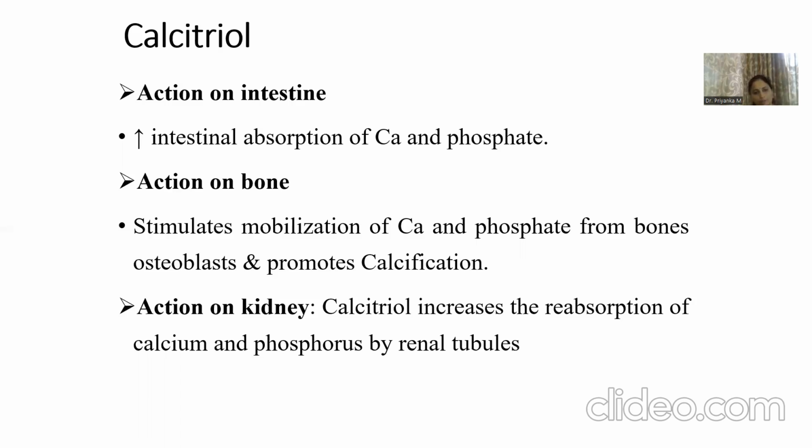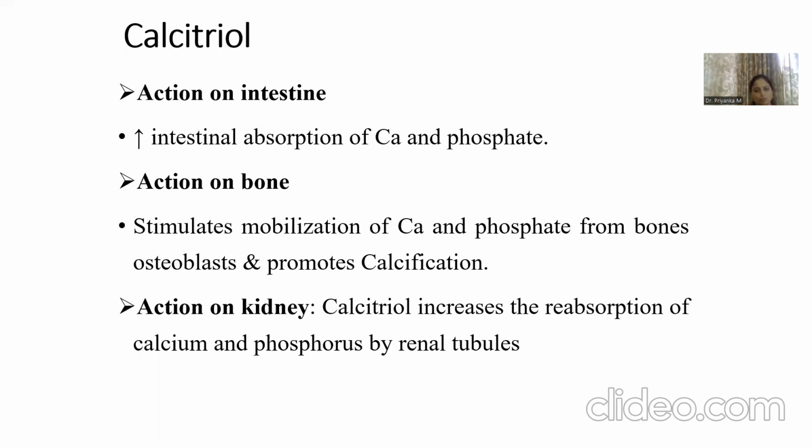Then coming to the role of calcitriol on kidney: calcitriol increases the reabsorption of calcium and phosphorus by the renal tubules. Increased reabsorption means it decreases the excretion of calcium.